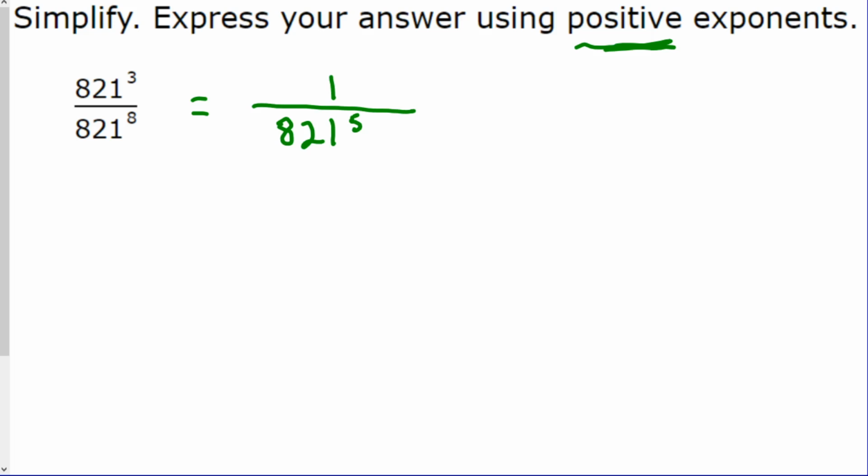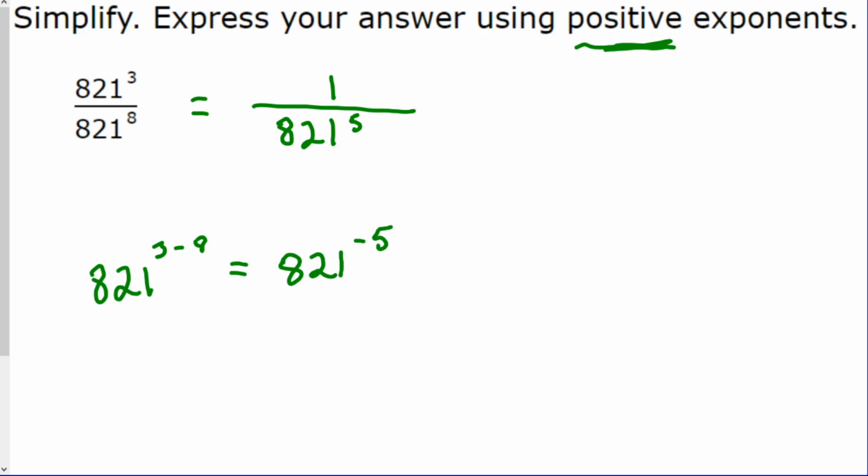Now, if you remember a few lessons ago, we did negative exponents. So let's do this using the properties that we just learned. 821, 3 minus 8, make sure you keep them in order, so don't just assume the bigger number goes first, is going to be 821 to the negative 5th power.